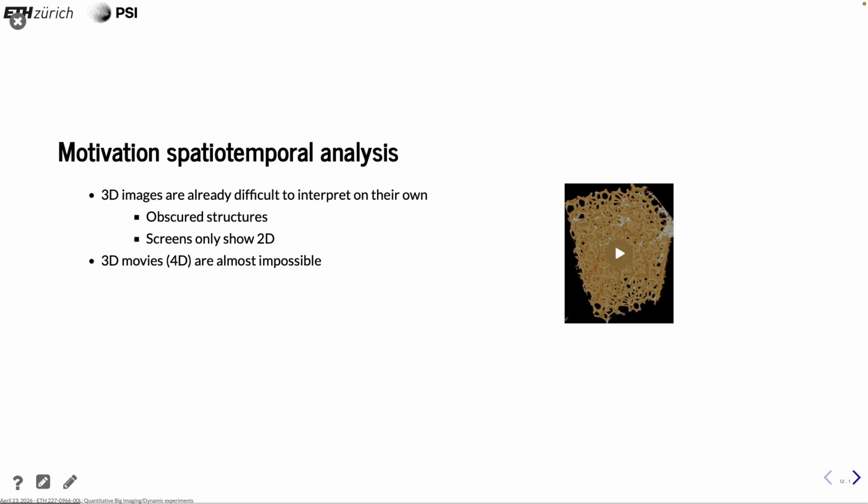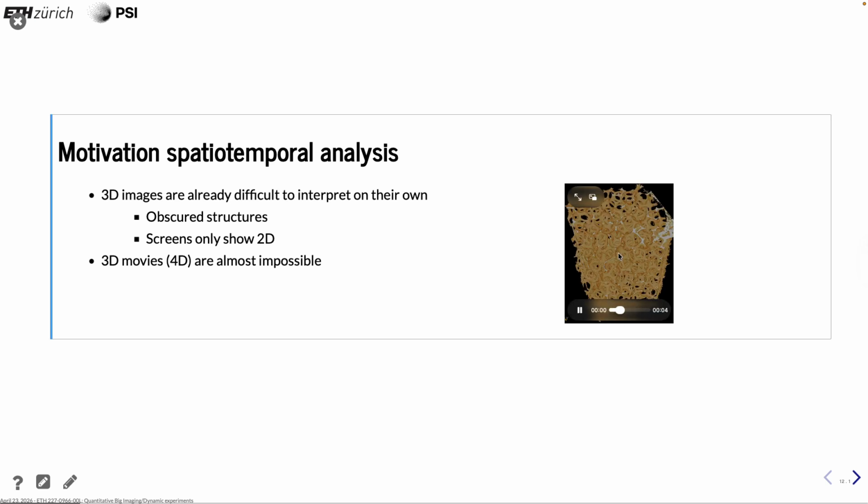And well, here are some examples of what we have. So in this case, it's a foam that is growing. So this is a tomography of a foam. And in 3D analysis, if you do time series analysis, it soon gets pretty difficult to do it visually.